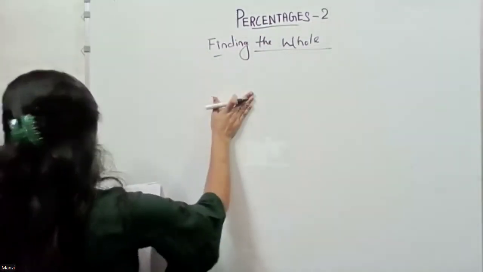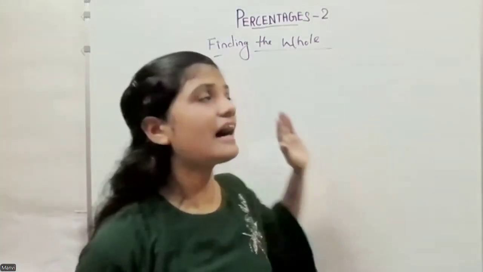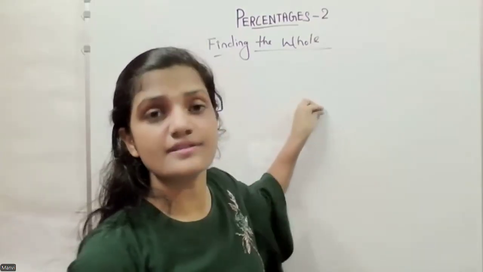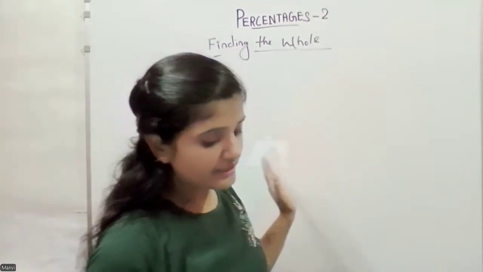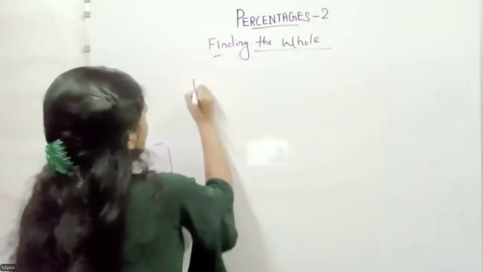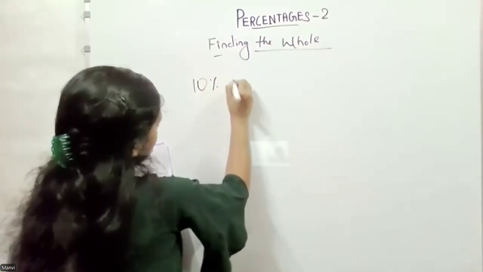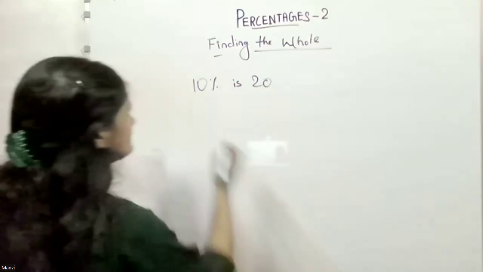So in this, we are given a part. Earlier, they asked us to find 20% of this amount, 50% of that amount. This time, they give us the percentage. Like, 10% is 20. Now find the whole. They ask like this way.